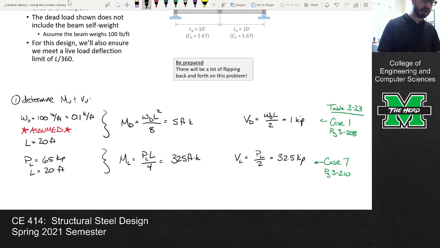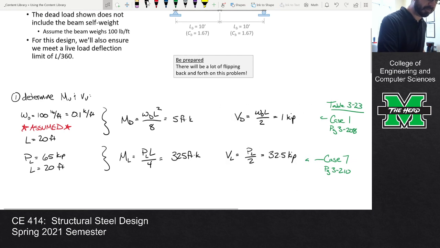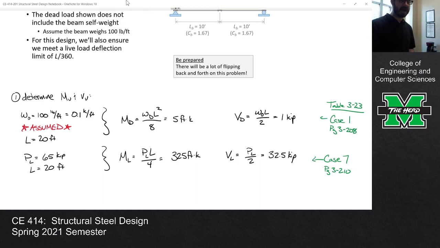And again, like I said, you can always pause and follow along with this. Give me one second, I'm going to move that over a little bit so it's not so squished. All right, so we have a dead load and a live load, so now we can factor.